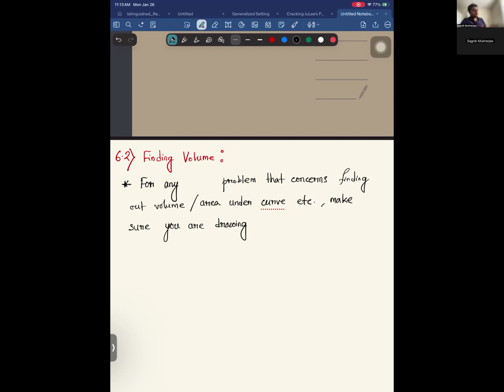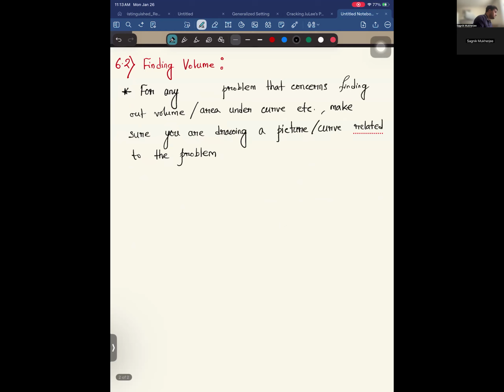Whenever you are attacking a problem that involves graph sketching, you have to do it, and you will be given points based on that. The pictures might not be up to scale, that's fine. I don't expect you to draw everything up to scale, but some illustration should be there.